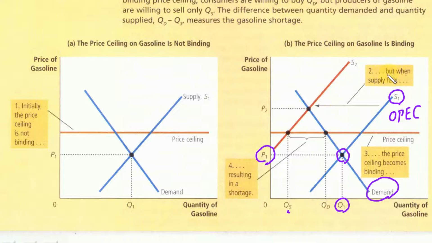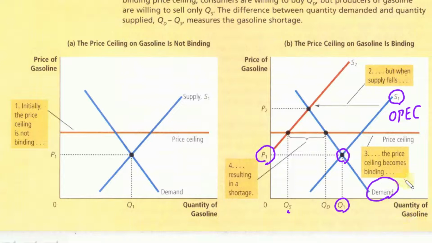As they reduce the supply, the price automatically increases because there is more demand and less supply, right? So if this bar moves up to here, the quantity from left to right will increase.